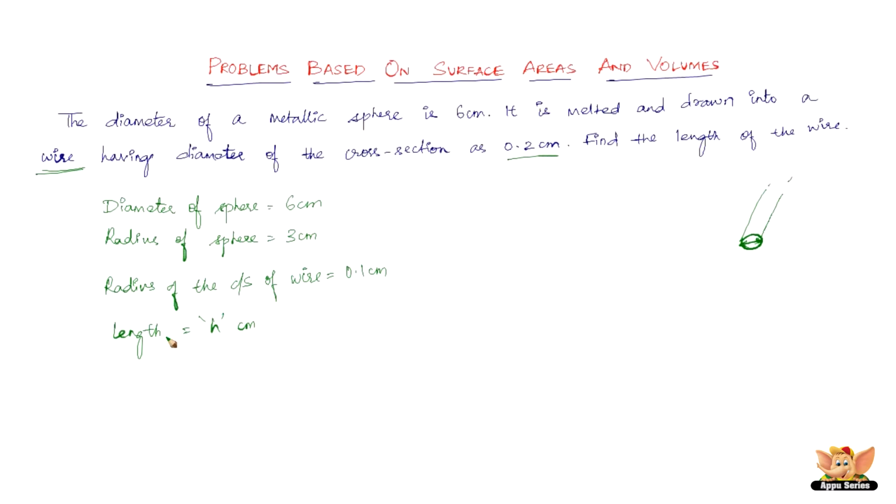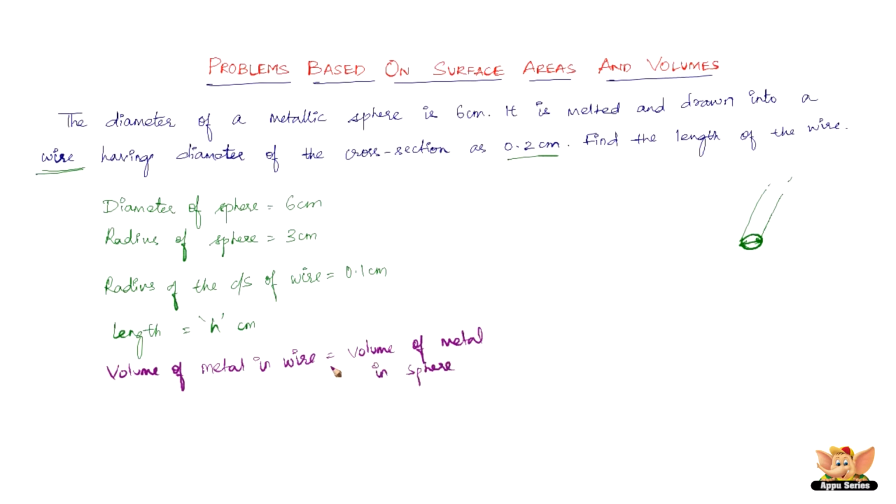So let's equate that now, all right? So volume of metal in wire is going to be equal to volume of metal in sphere, right?